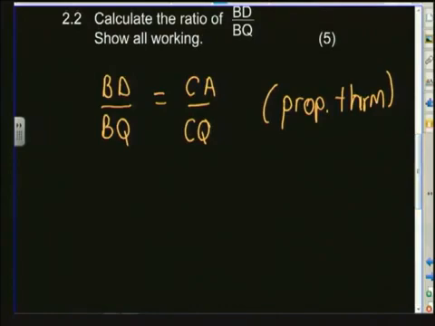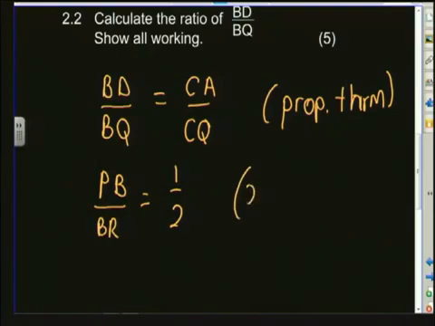So we've said that BD over BQ is equal to CA over CQ because of the proportion theorem. We can also state that PB over BR is equal to 1/2, and that was given. You were given that 2 times PB was equal to BR.